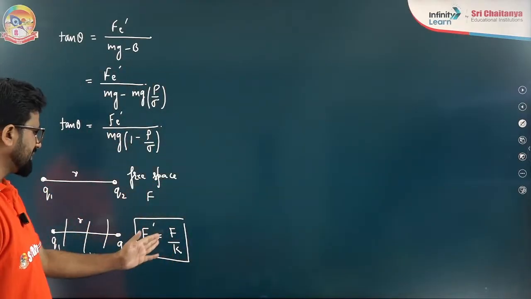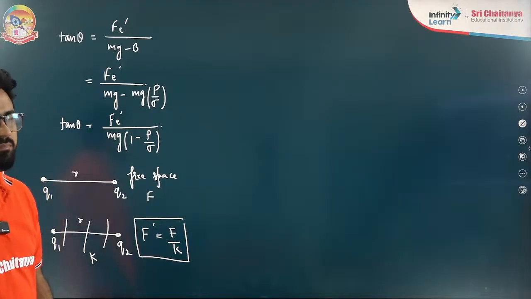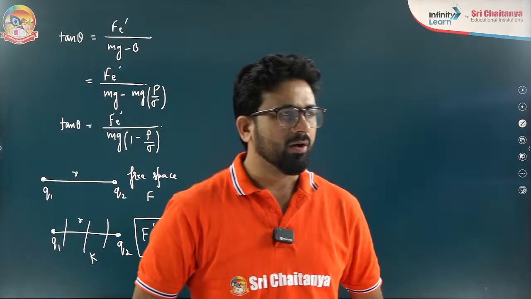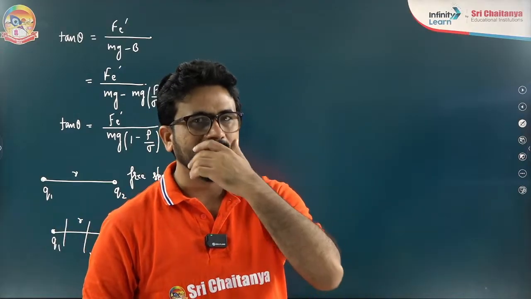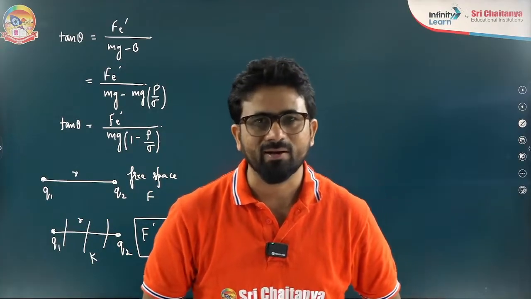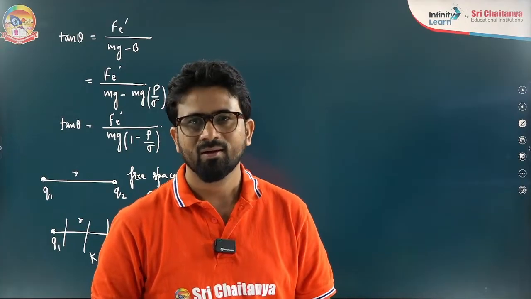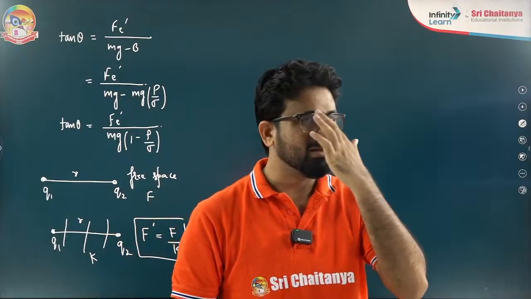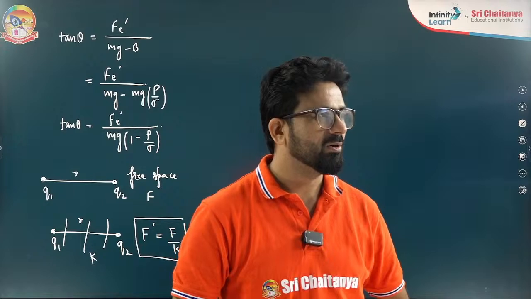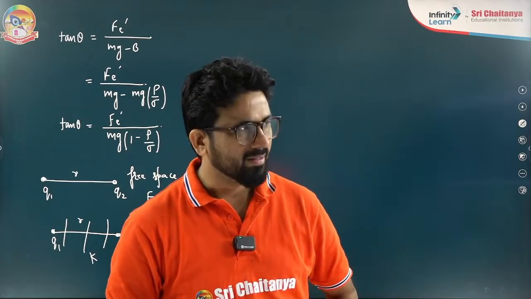In chemistry also, the teacher sometimes asks, what is the meaning of dielectric constant? Please explain. You have listened to these classes in physics, but still you are not able to answer.